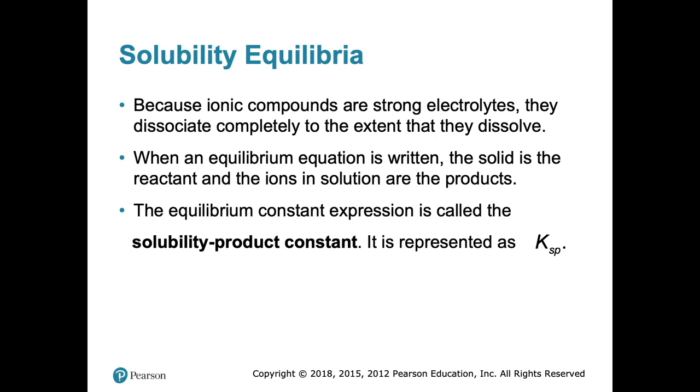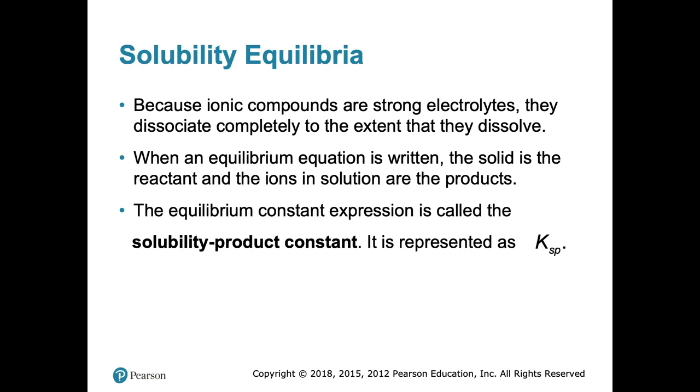So the thing that we need to know here is that this is based mostly on ionic compounds, like sodium chloride, things that are ionic salts. Those are extremely strong electrolytes, and so they will completely dissociate in water when they dissolve. So when an equilibrium equation is written, the solid is the reactant, and the ions in solution are the products.